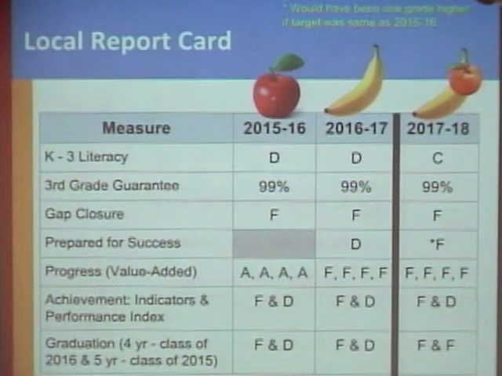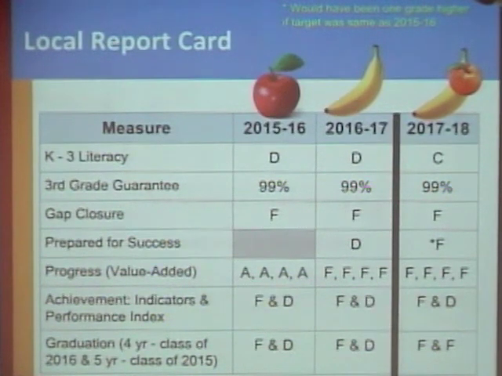Then when you move down, here's where we struggle to hit the indicators. When you think about the report card, two major things have happened over these years. The assessments have gotten tougher, and the bar has been raised simultaneously. So our gap actually has gotten bigger over that time period.